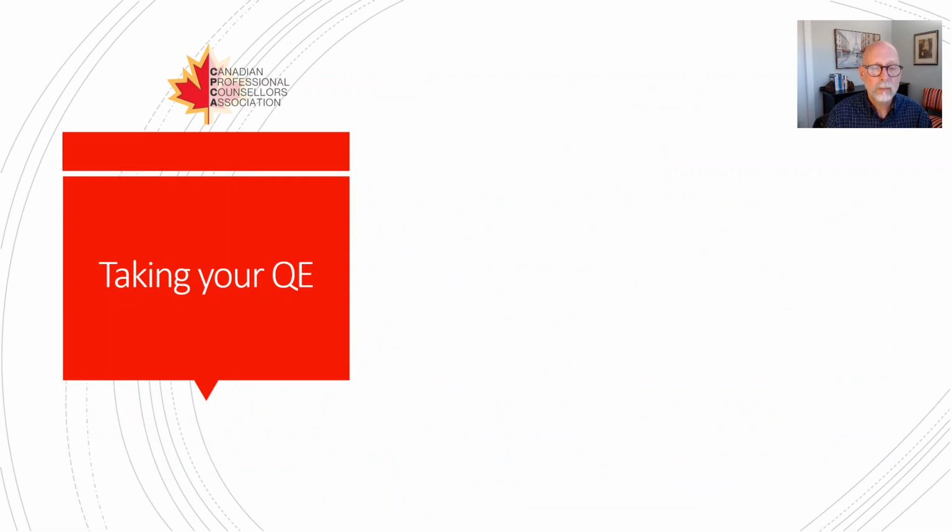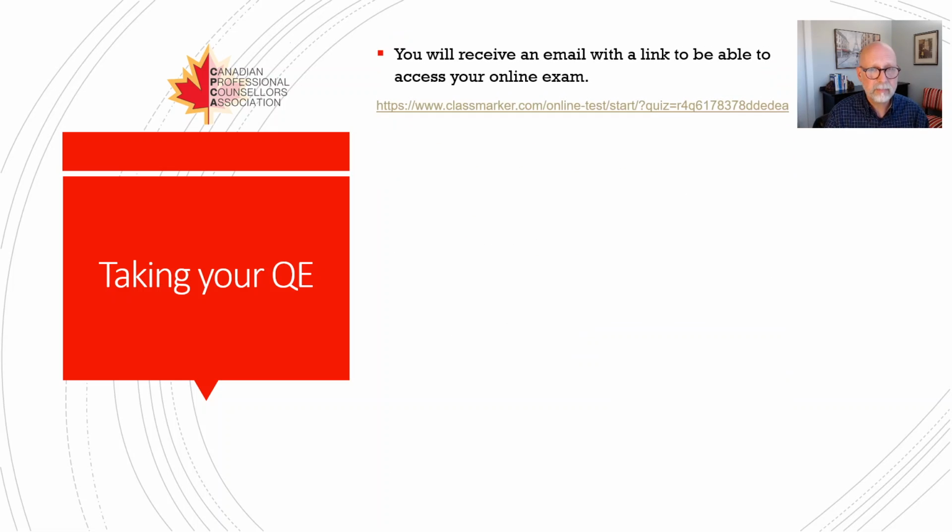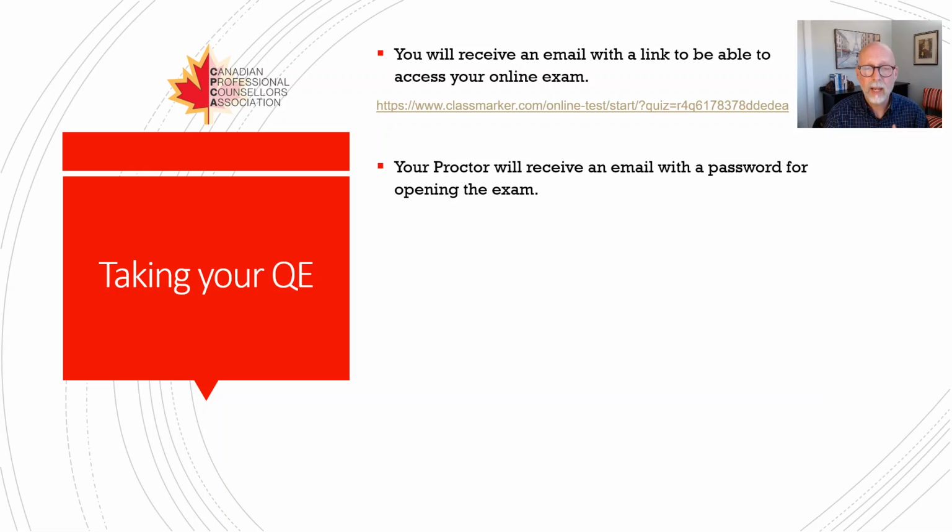So when we're thinking about actually taking your QE, you will receive an email with a link, and the link will look something like this. Once you have that link, you can click on it at any point, but your proctor will only have the password for opening up the exam.